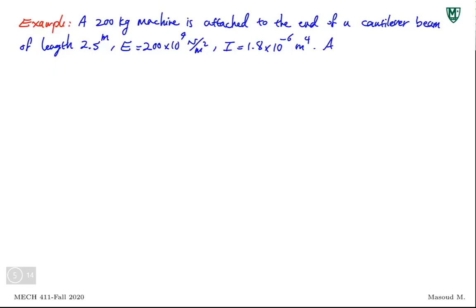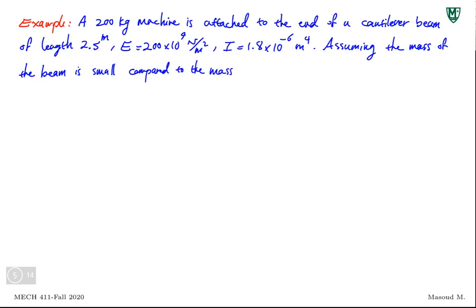Now, it says assuming the mass of the beam is small compared to the mass of the machine, so we can safely ignore the mass of the beam.